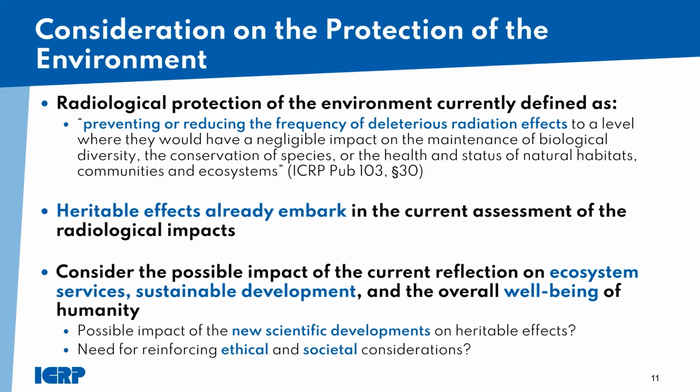I have no idea how far to go. Currently, this is a fully open question, and for sure, for the calculation of the detriment, we have no link with that, but it should be one question. So probably this is a question to be addressed partly in the new task group on ecosystem services, rather than what we can do up to now.